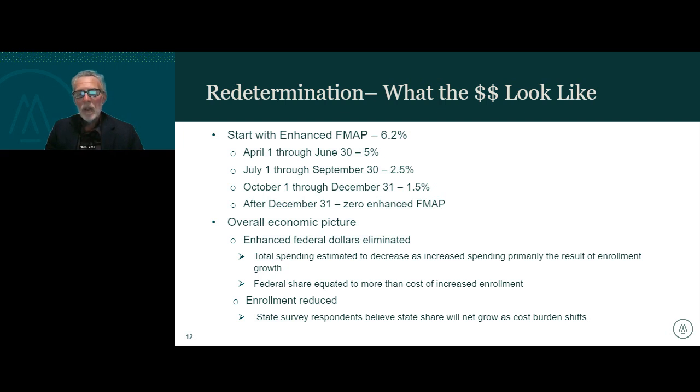Many states could have, and actually have, begun working on this, if for no other reason than the planning process. But no enrollee should have been removed from Medicaid eligibility rolls before April 1st of 2023. And the redetermination process is scheduled to be completed within 14 months of it beginning.